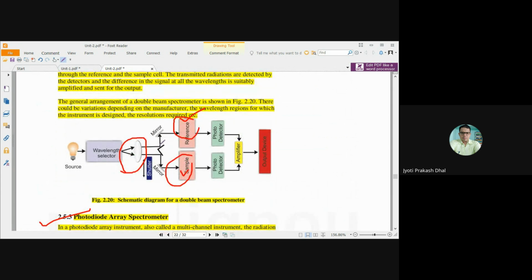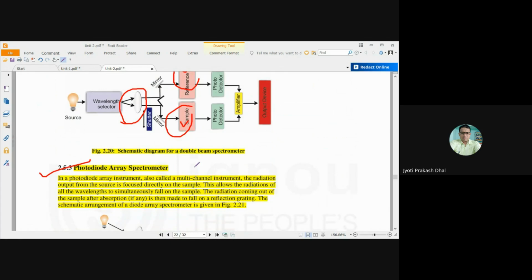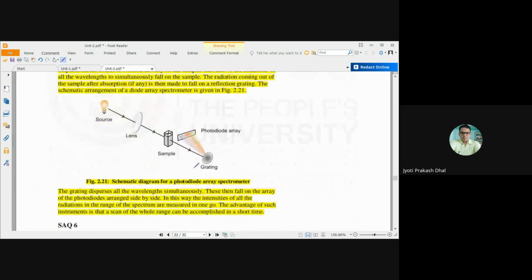After passing through the pure reference and through the sample containing the solvent, it will be detected and the difference in intensity of both the waves will be plotted.